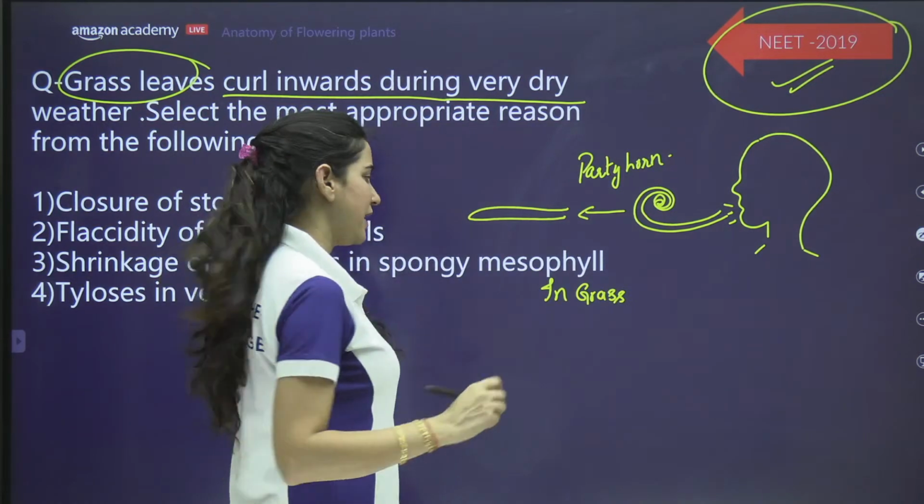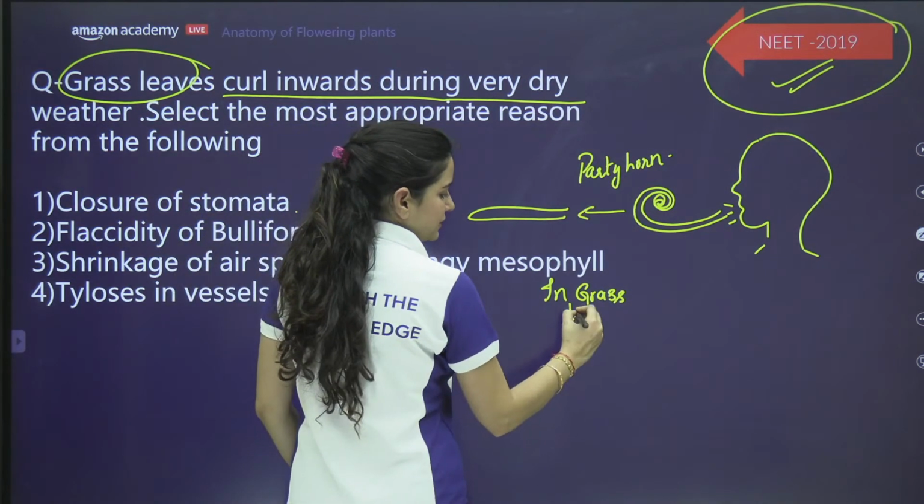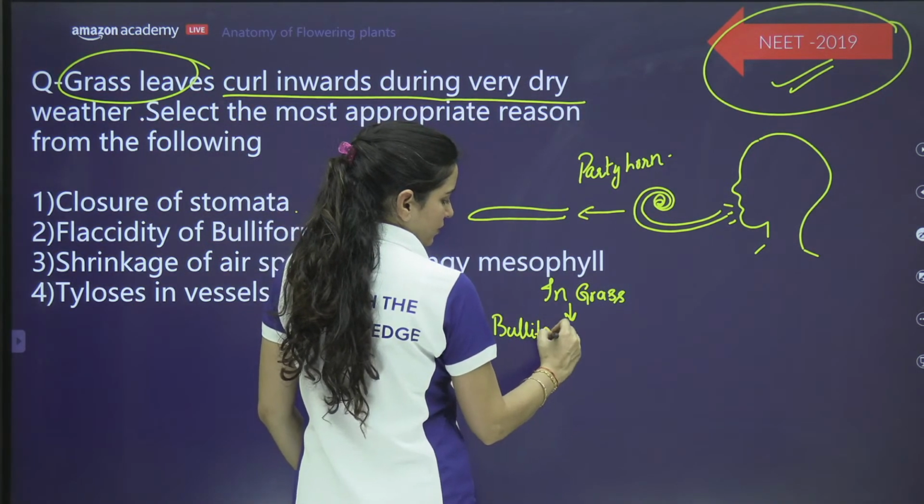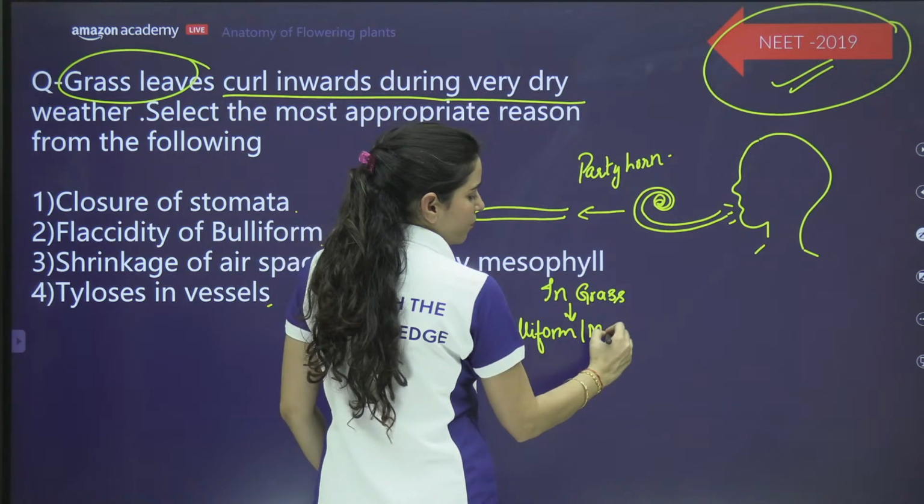There are some cells like this only. Those cells are known as buliform cells, or they are also called motor cells.